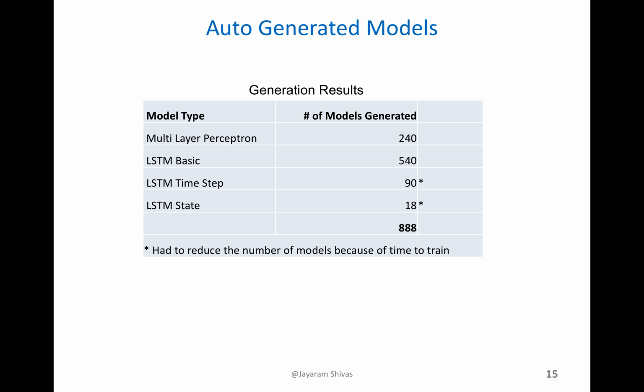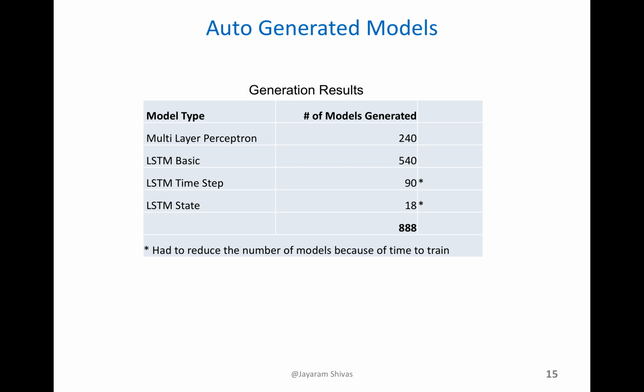At the bottom, what you're seeing is that we iterate through these combinations, create a model, evaluate it, save the model, and then store the performance metric. As a result, I set in a bunch of parameters and said for each of the commodities run these models, but I quickly ran into a problem: my models were taking too long to run, so I had to cut down on the number of models.